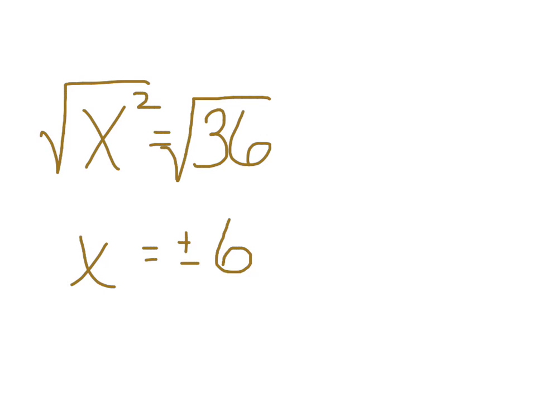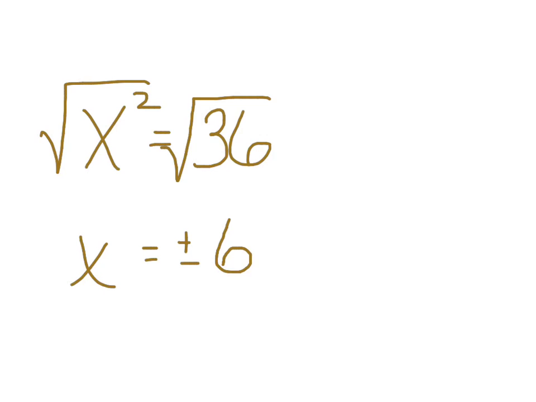Plus or minus 6. Now, I'm going to say this about 10 times within the next 5 minutes, if not more. Whenever you need to square root to get rid of a square or solve in an equation, you will always have plus or minus.